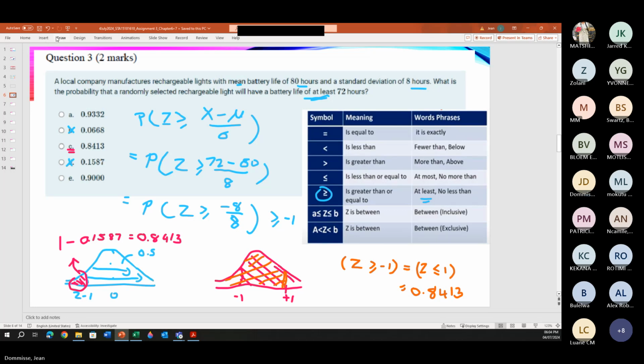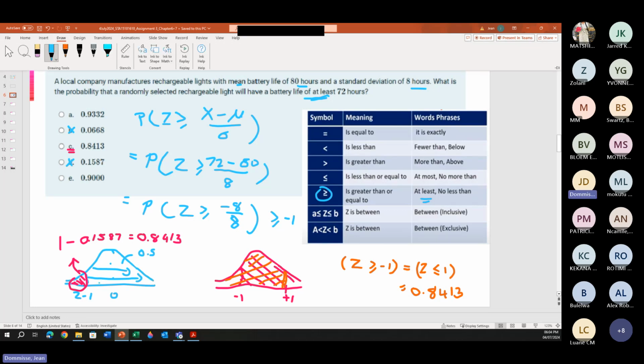So again, there is more than one way to get to the answer. So again, which table is easiest for you to use? Please use that.